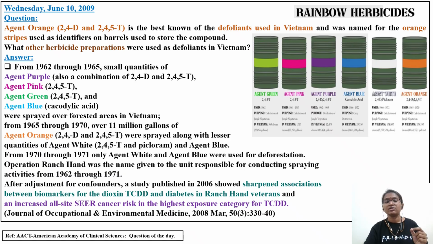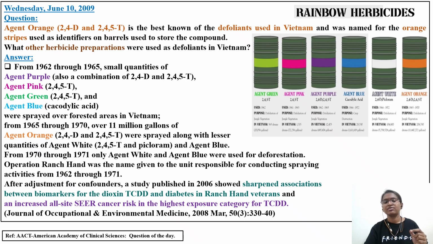From 1965 through 1970, over 11 million gallons of Agent Orange, that is 2,4-D and 2,4,5-T, were sprayed along with lesser quantities of Agent White, that is 2,4,5-T and picloram, and Agent Blue. From 1970 through 1971, only Agent White and Agent Blue were used for defoliation. Operation Ranch Hand was the name given to the unit responsible for conducting spraying activities from 1962 through 1971.